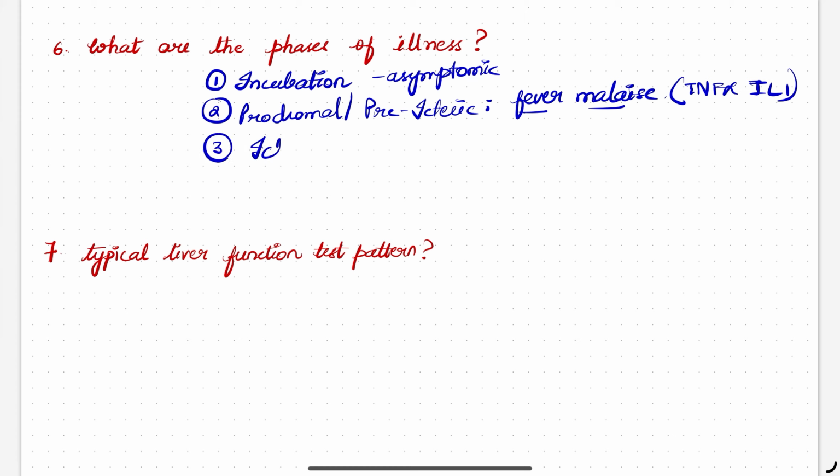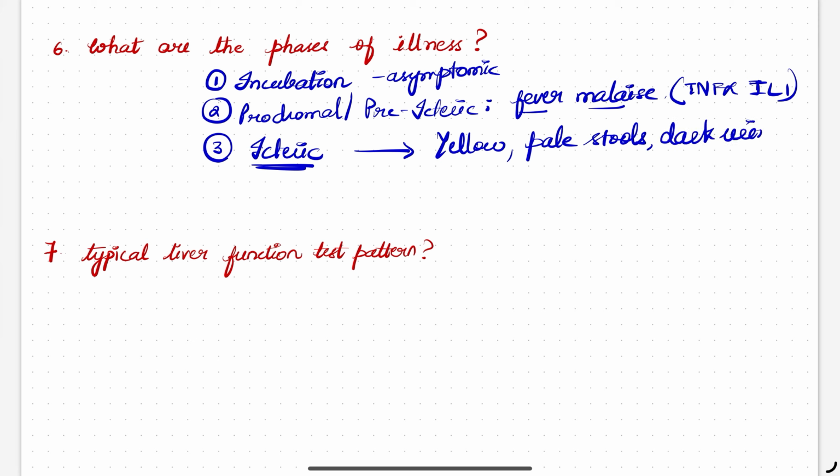Then there is an icteric jaundice phase, that is yellowish discoloration with pale stools and dark urine, and there is a recovery phase where the infection has been completely eradicated.